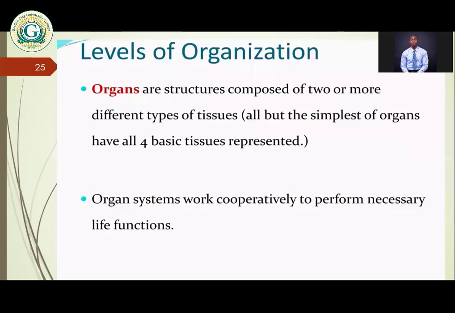So 2 or more organs come together to form a system that performs a life activity. We can have 2 or more different types of tissue coming together to form the organ, and you can also have all the tissues coming together to form a particular organ.